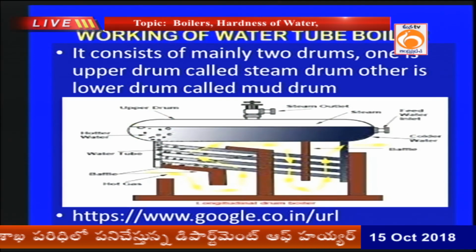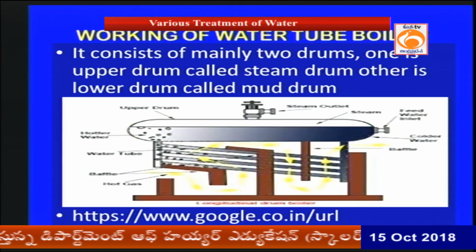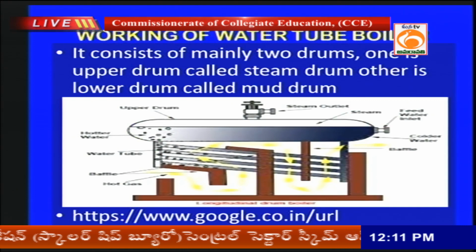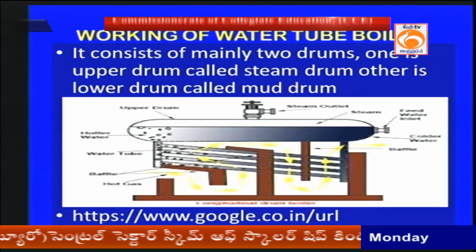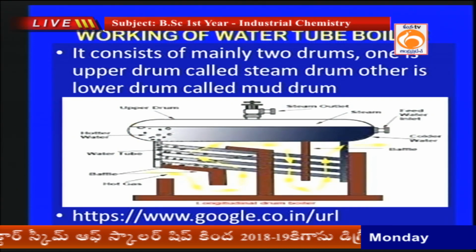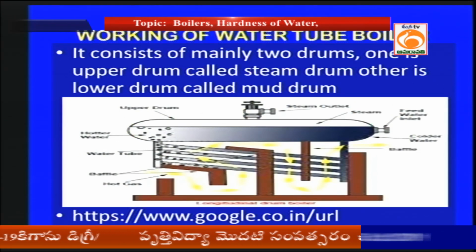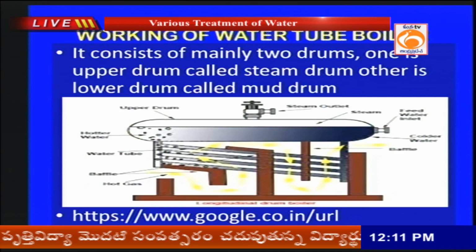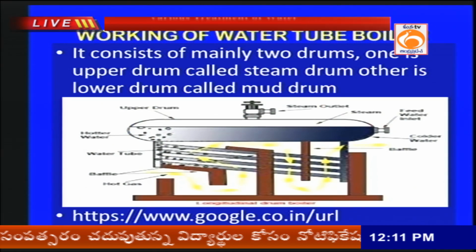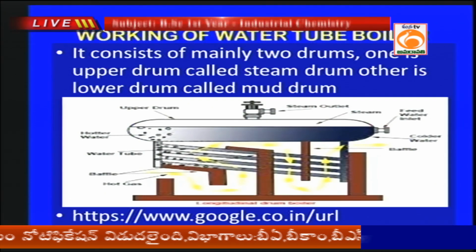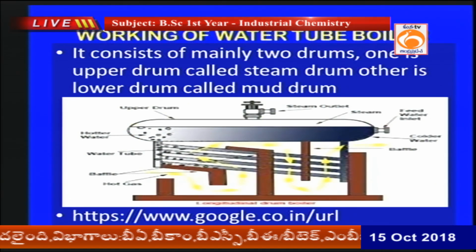Steam has less weight, so it comes out of the water and reaches the top of the water level, and more steam is generated. When the pressure is high, that steam should be removed from that space, so there is a steam outlet.